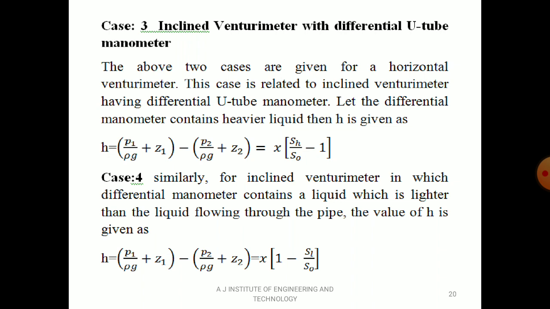P1 divided by rho g minus P2 divided by rho g is equal to H, equal to X into SH divided by SO minus 1 for case 1, and for case 2, it is equal to X into 1 minus SL divided by SO. Then for case 3 and case 4, I have mentioned the expressions; you can just remember those. So case 1 and case 2 are for a horizontal Venturimeter, case 3 and case 4 for an inclined Venturimeter.